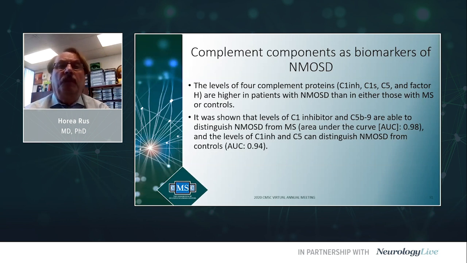Levels of 4 complement proteins, C1 inhibitor, C1s, factor H, and clusterin, are higher in patients with neuromyelitis optica spectrum disorder than in MS and controls.